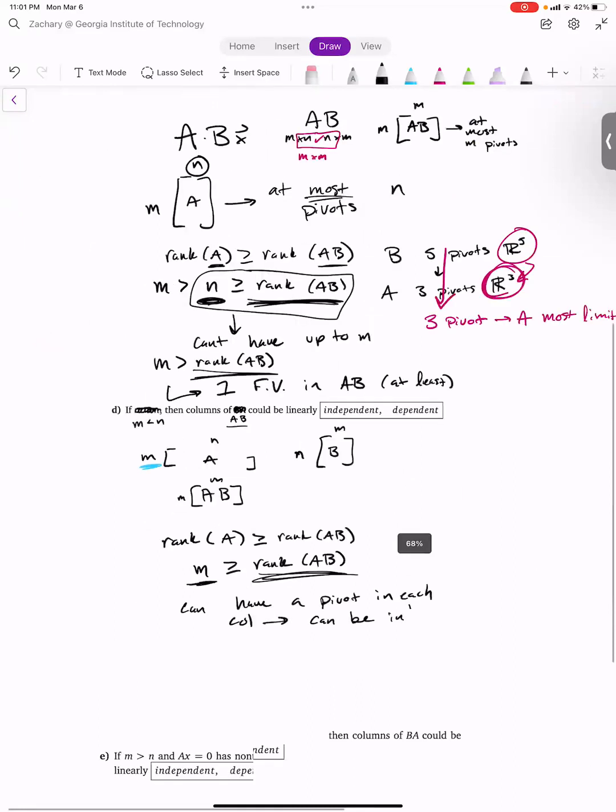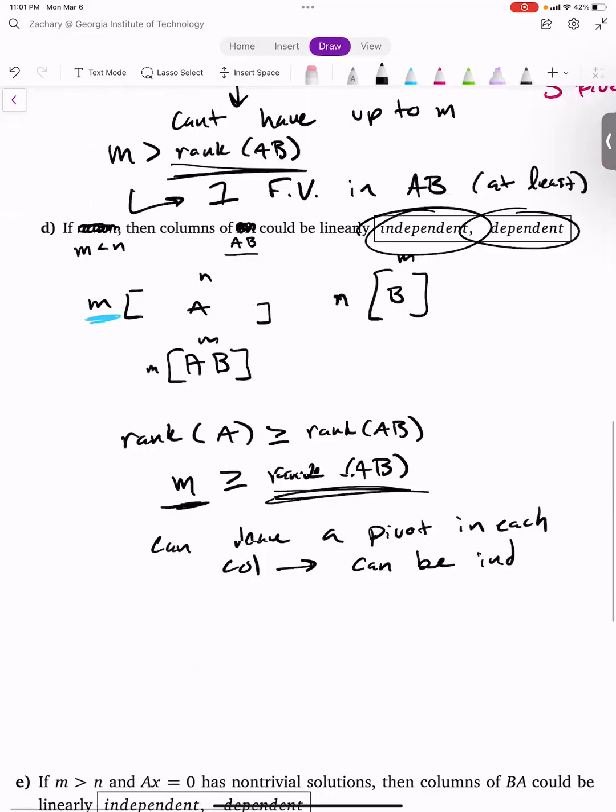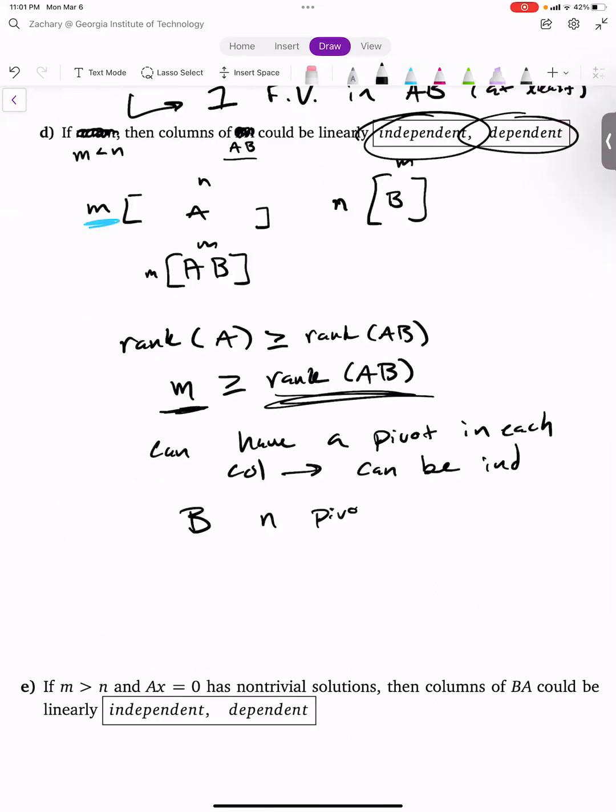We don't know that for sure. Another way to write this would be we start with B, and we can have N pivots, and then we go to A, which has N pivots. So AB can have at most N pivots.